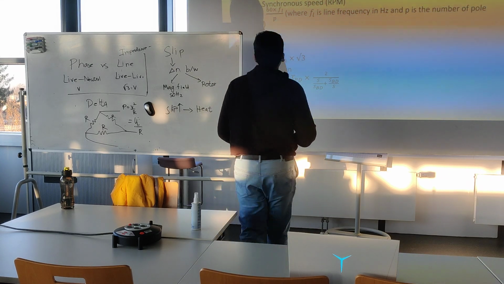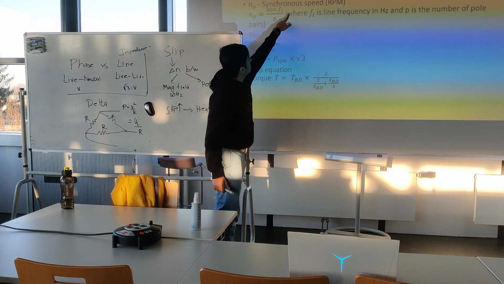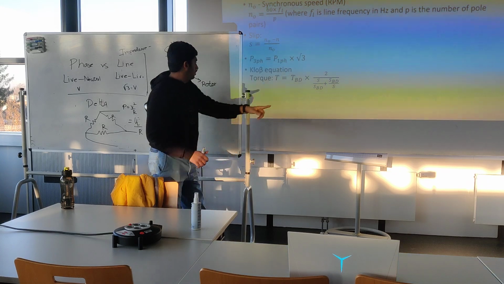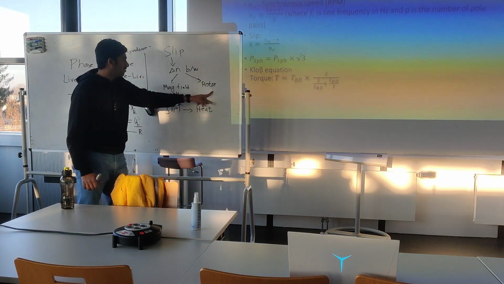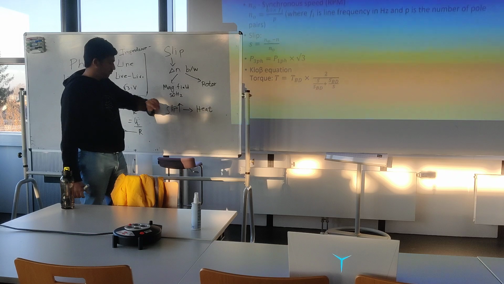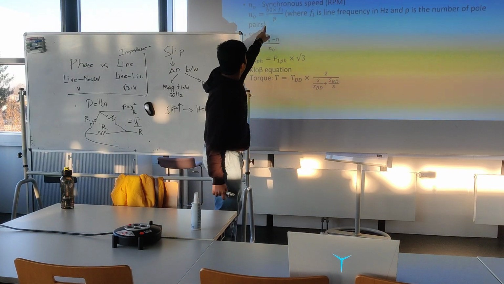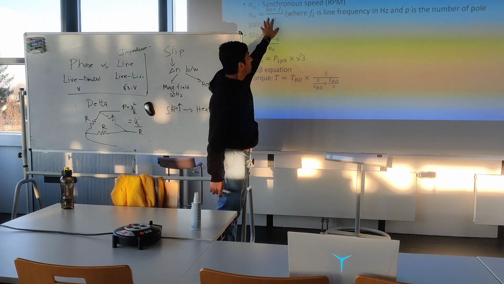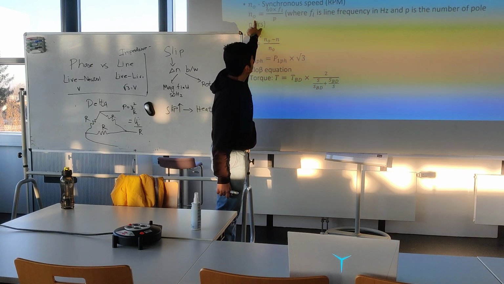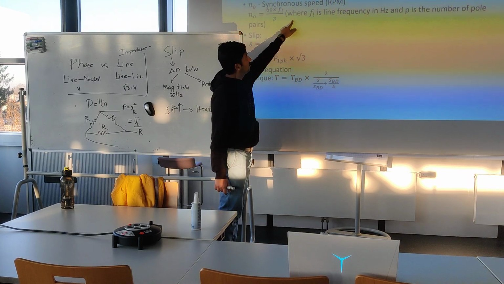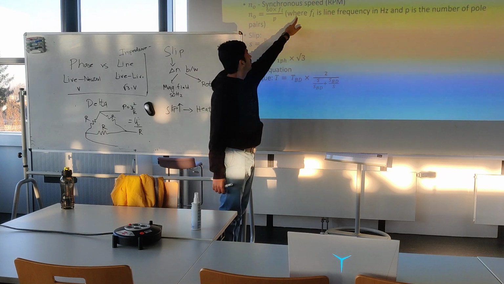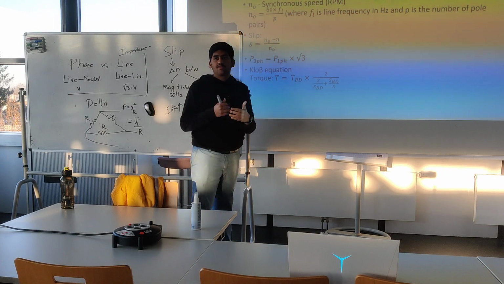So some formulas. N naught is considered the synchronous speed, where there is zero slip and the rotor is in perfect sync with the magnetic field's RPM. And this is a very important formula. The synchronous speed is 60 times f_L over P, where f_L is the line frequency, and this 60 is because it's going from seconds to minutes.